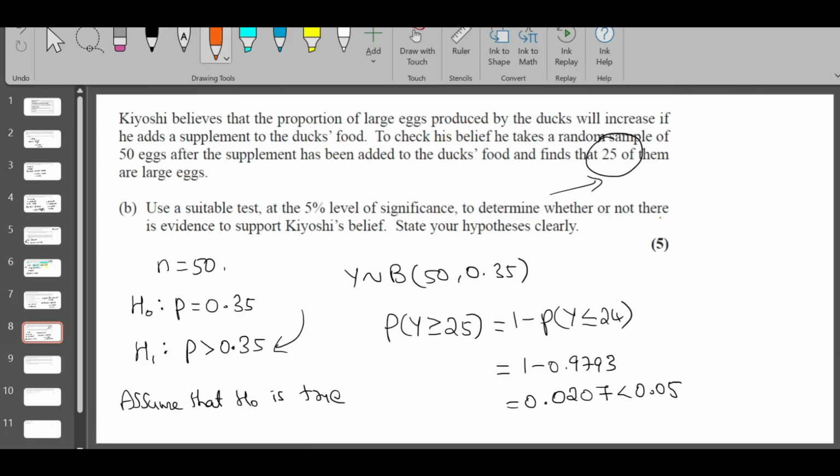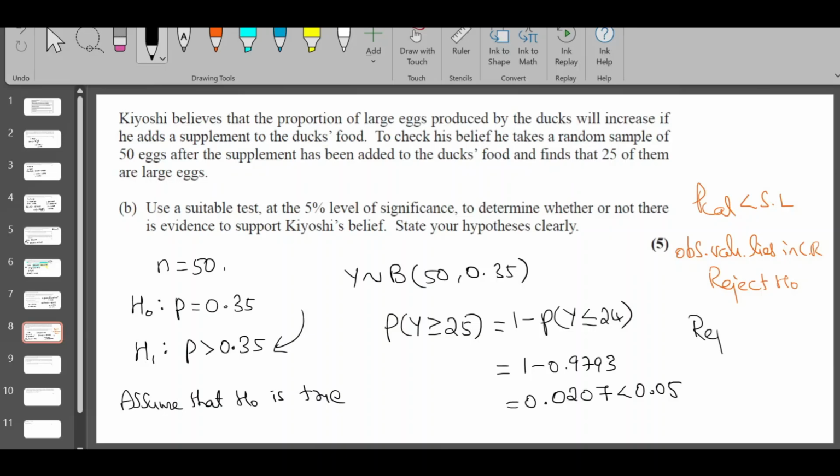So always remember this: when the calculated value is less than the significance level, or the observed value lies in the critical region, these are the two conditions where we reject H0. In this case, the calculated value is smaller than the significance level, so we reject H0.